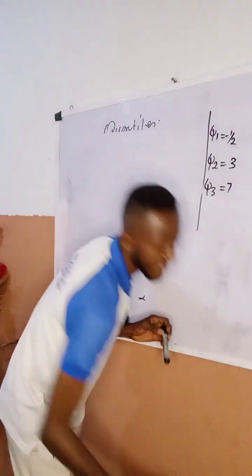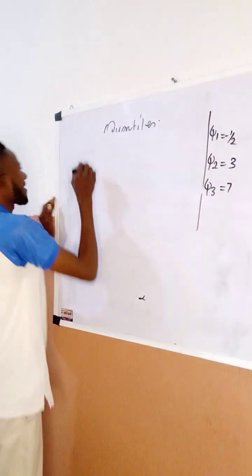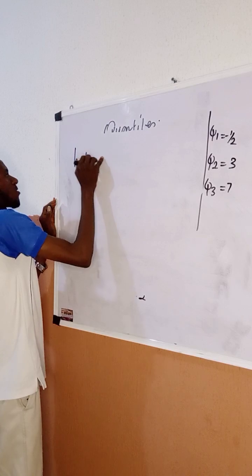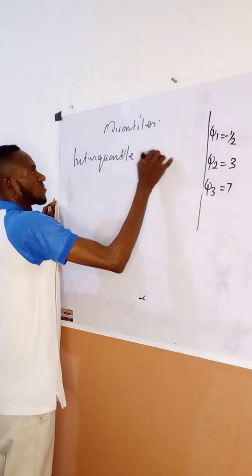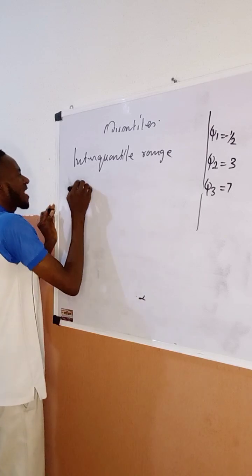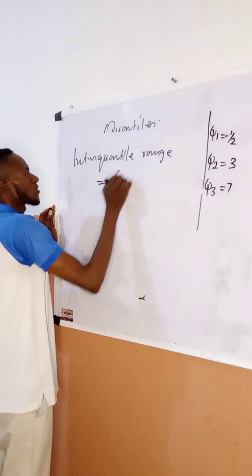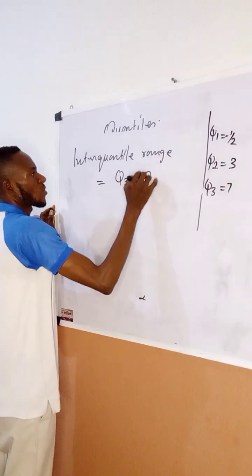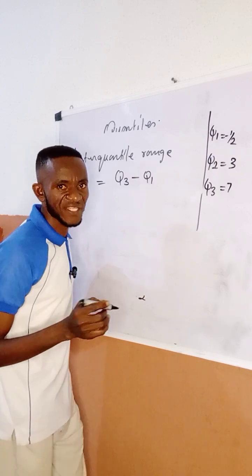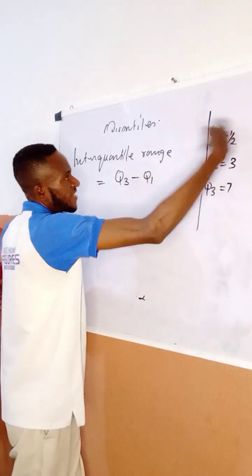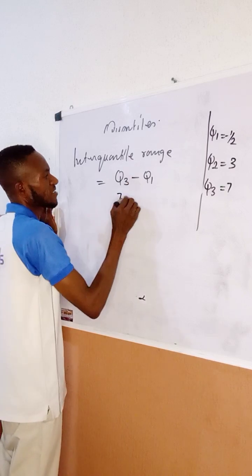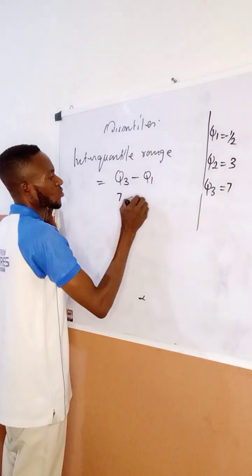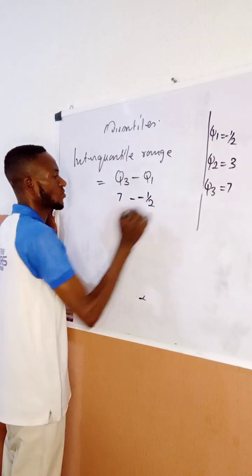When we talk about the interquartile range, we are talking about that this equals Q3 minus Q1. That's what we call interquartile range. So if I want to find the interquartile range here, my Q3 is 7. Here is a minus. My Q1 is minus 1 over 2.